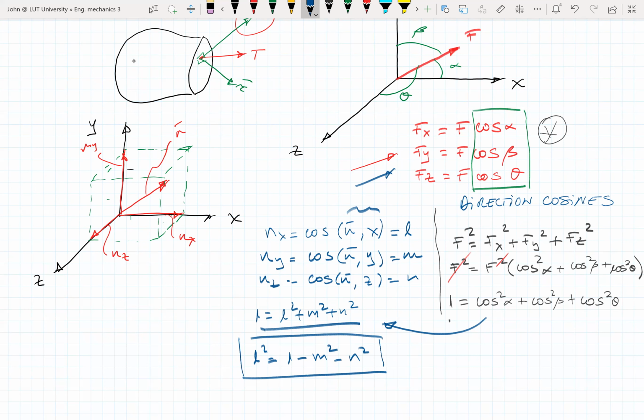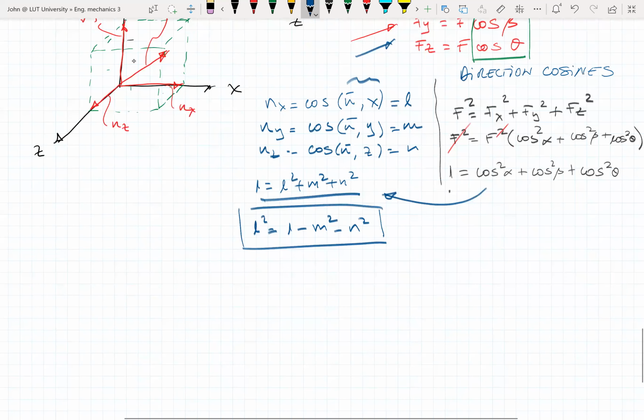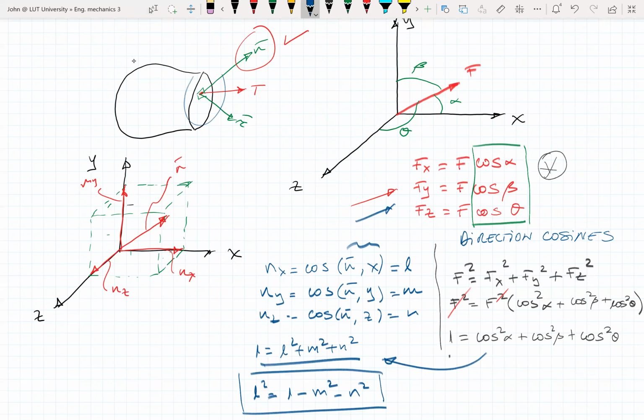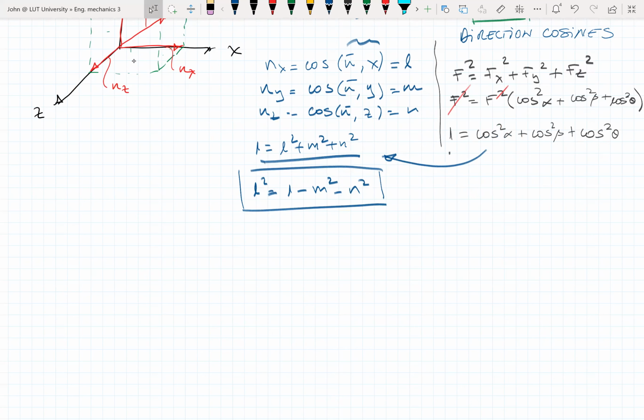Beautiful. Let's see the other part of this. If I bring down this small plane that I selected here that is oriented differently to my Cartesian coordinate system, I will end up having something like this.